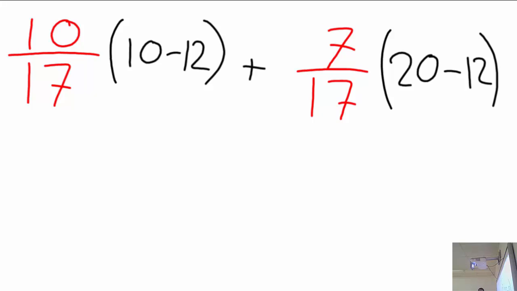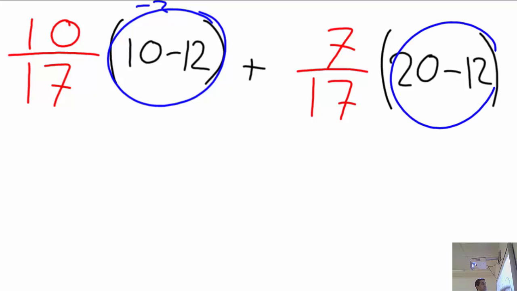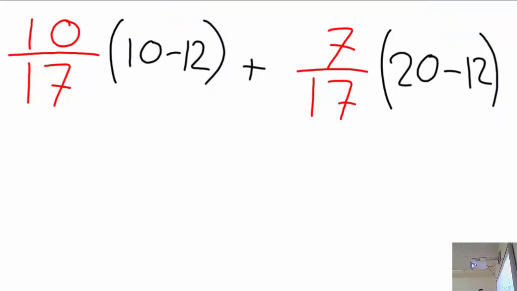I'm not going to go into details. Once you have this, you know you need to do the brackets first, which is -2. Over here, brackets first, which is 8. So just go ahead with what you have practiced, but this is what I expect you to come up with.